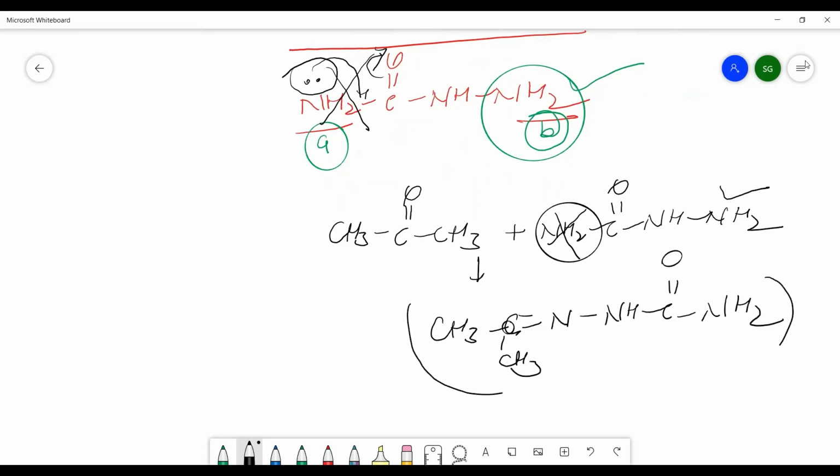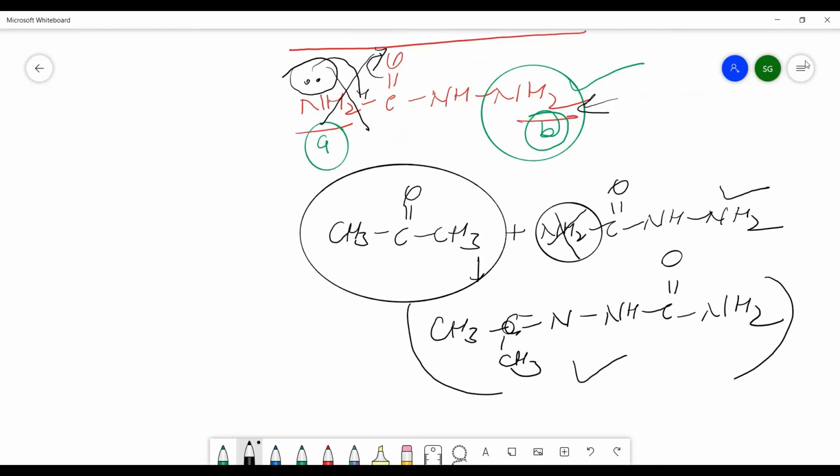Such a compound you will get, that is semicarbazone. What will semicarbazide make? Semicarbazone, and it is just the semicarbazone of acetone or propan-2-one. So here we have completed the nucleophilic addition reactions of aldehydes and ketones.